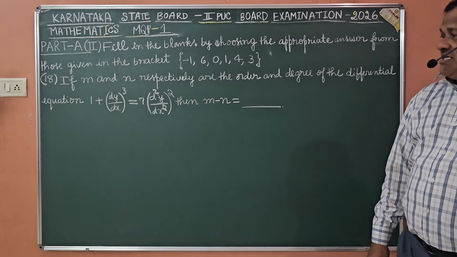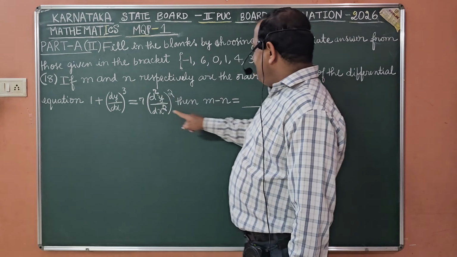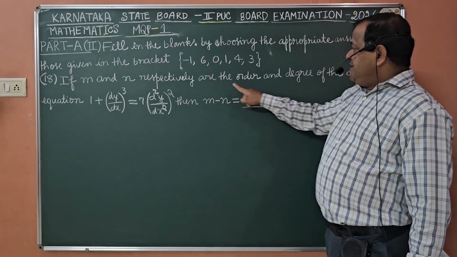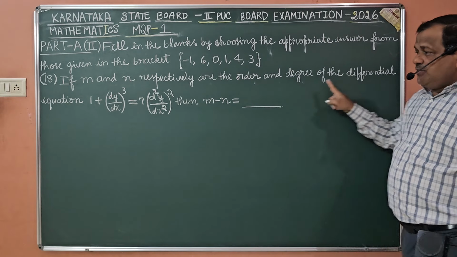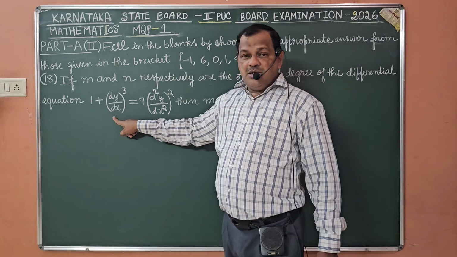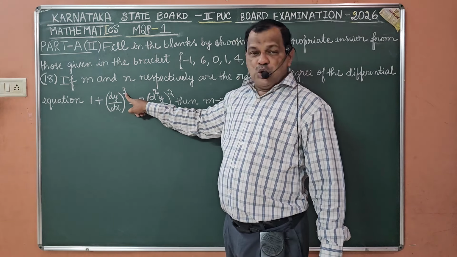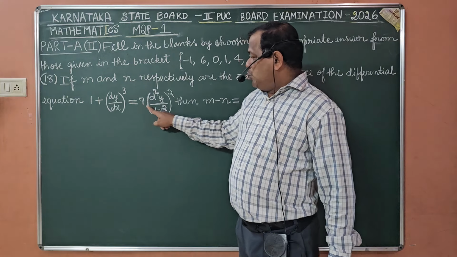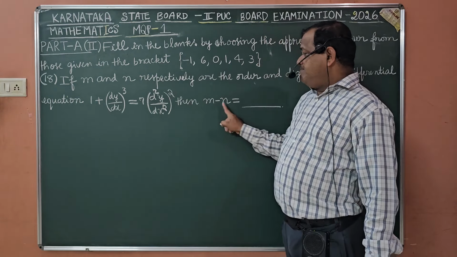18th, fill in the blank. If small letter m and small letter n respectively are the order and degree of the given differential equation, which is 1 plus dy by dx whole cube is equal to 7 into d square y by dx square whole square, then m minus n.